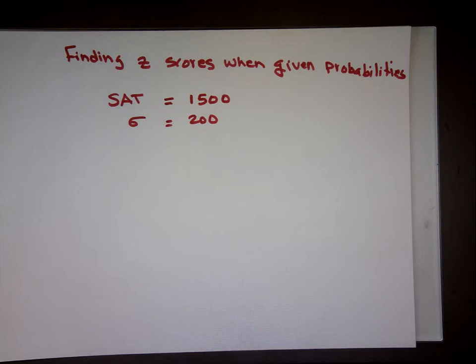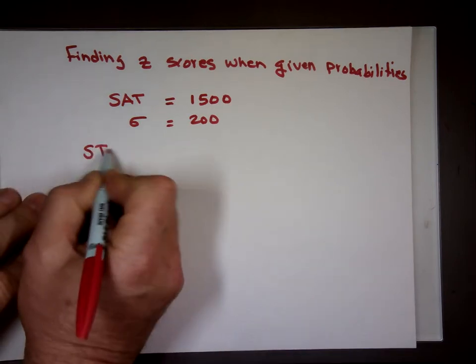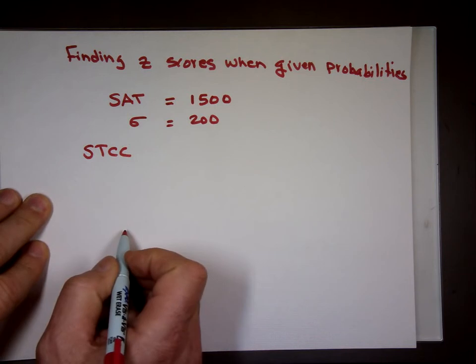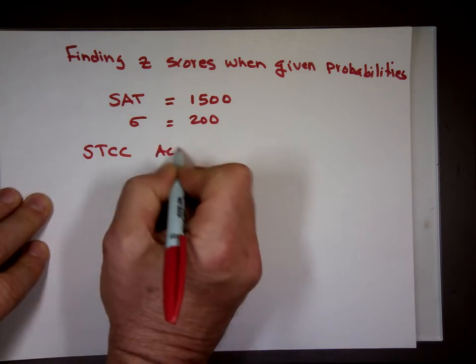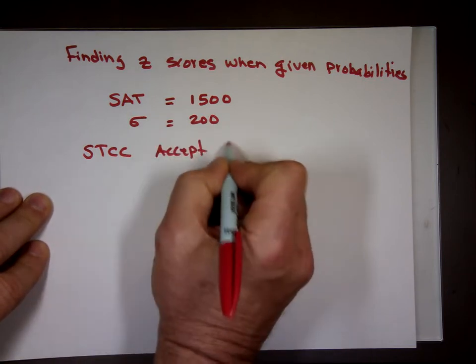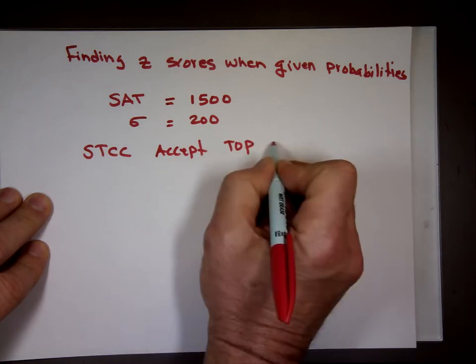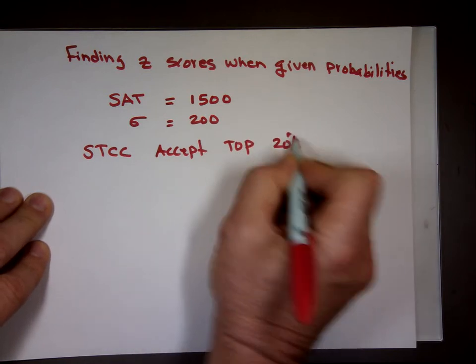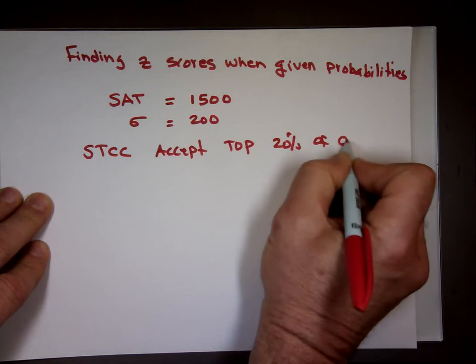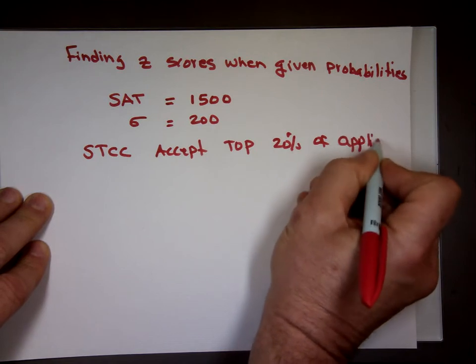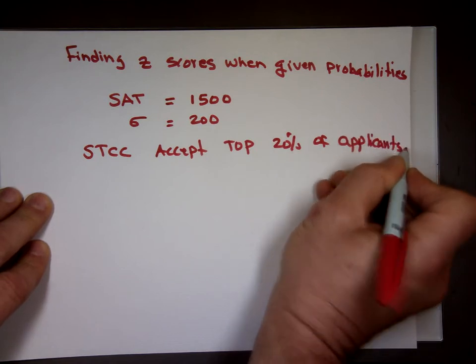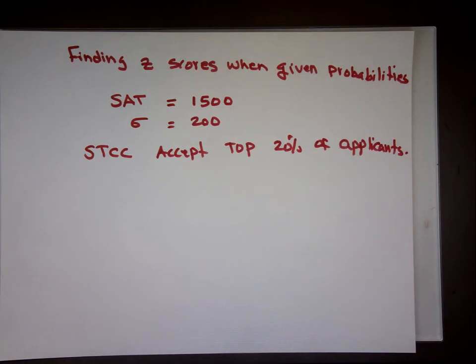Let's say Springfield Technical Community College. So we're only going to accept the top 20% of the applicants. When I say top 20%, we're talking about the top 20% on the SAT.